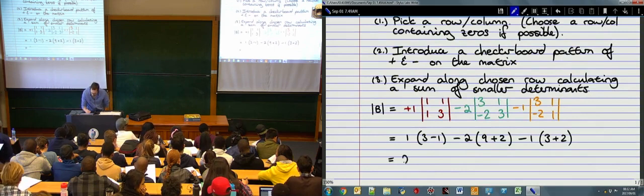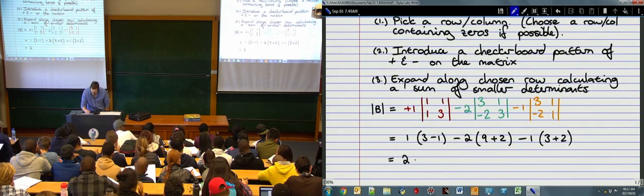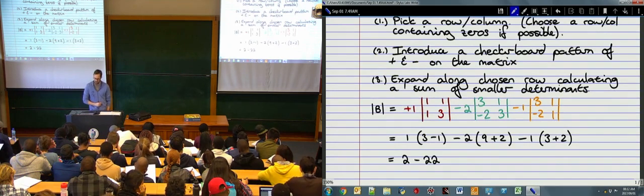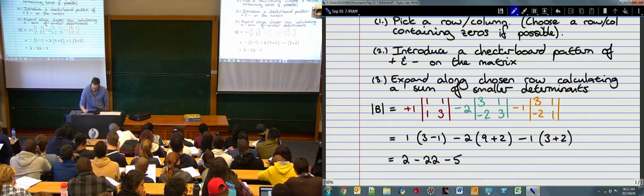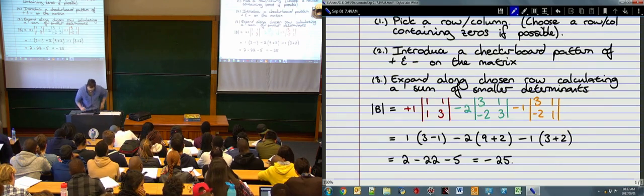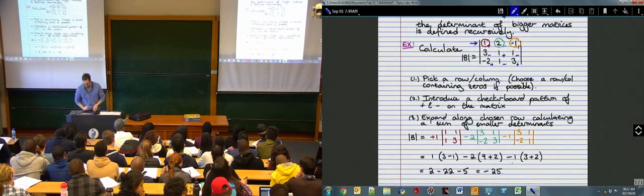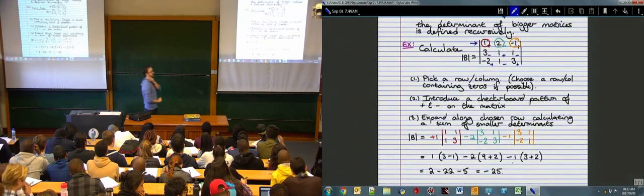That will be 2, 9 plus 2 is 11, 11 times minus 2 is minus 22, and minus 1 times 5 is minus 5. So that will be minus 25. Okay, let me just zoom out. We can put the whole calculation on one page.